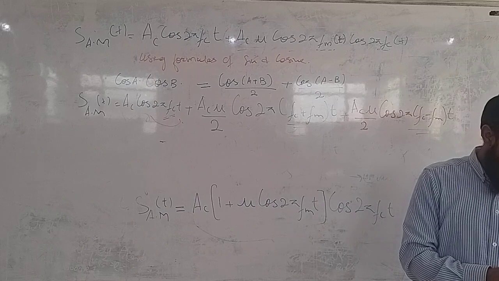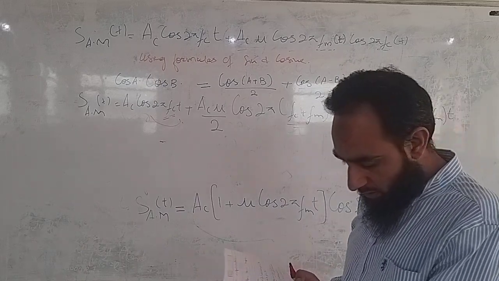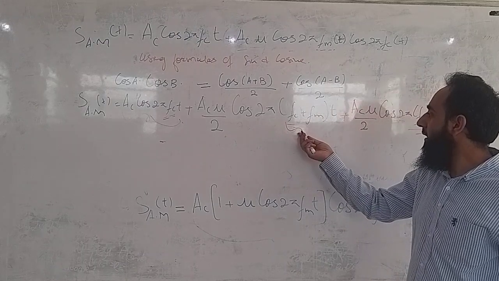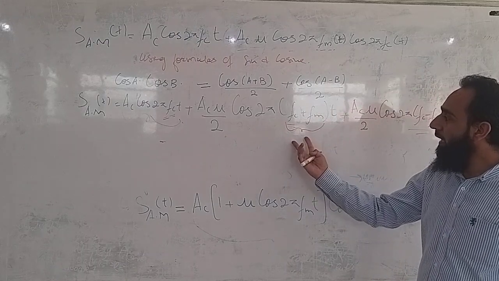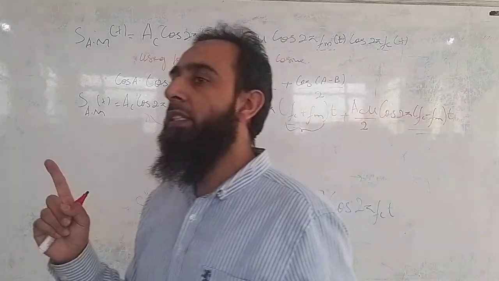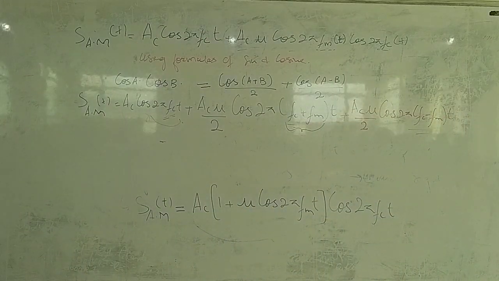Second part is the upper side band component. It has three components. First component is the carrier component itself. Second component is the upper side band component. Third component is the lower side band component.